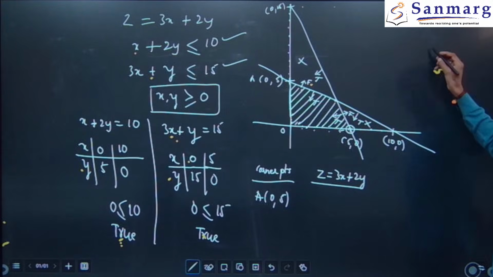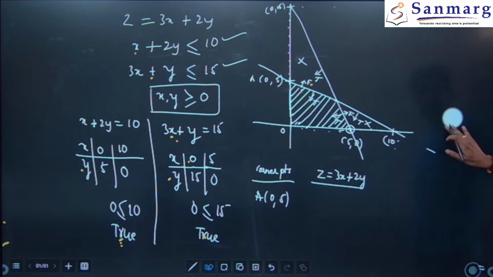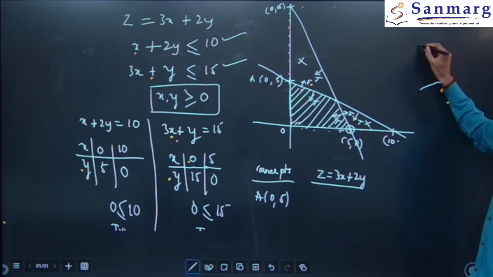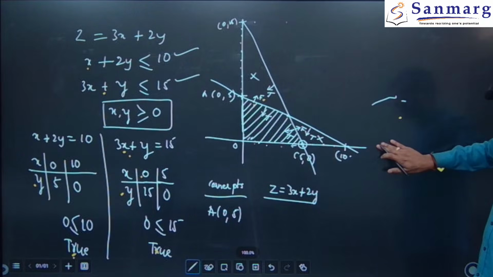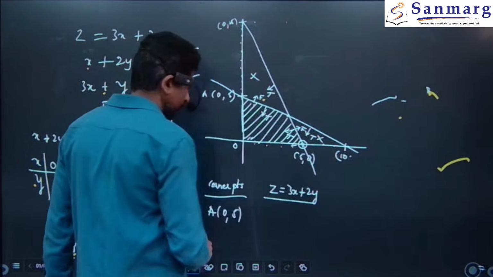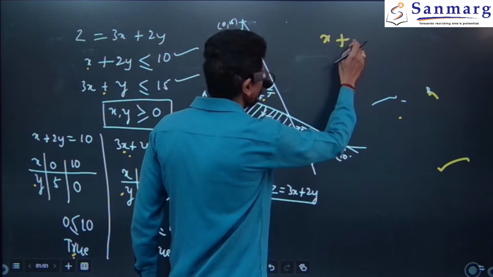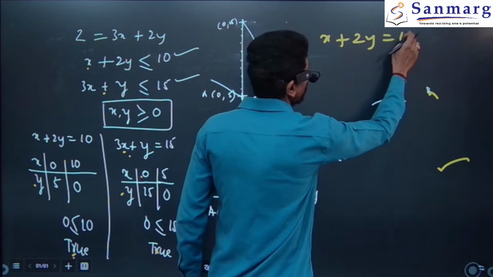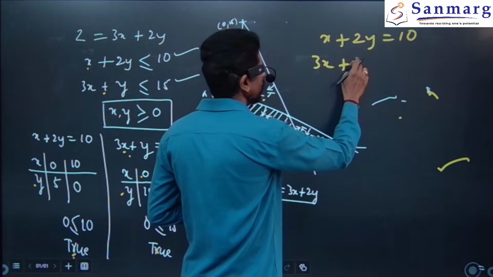By considering both equations, you will get x plus 2y is equal to 10 here, and the second equation is 3x plus y is equal to 15.